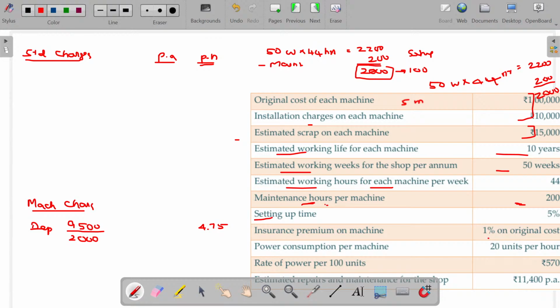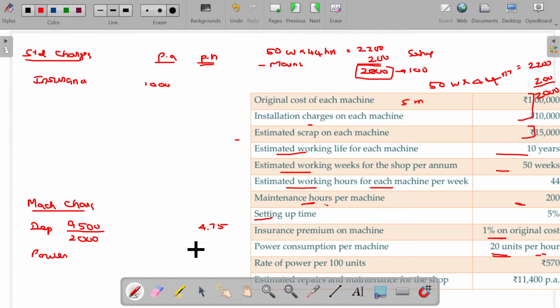Insurance premium is 1% of the original cost. So insurance, standing charges, 1% of the original cost. Original cost being 1 lakh, 1,000 only. Power consumption per machine is 20 units per hour.